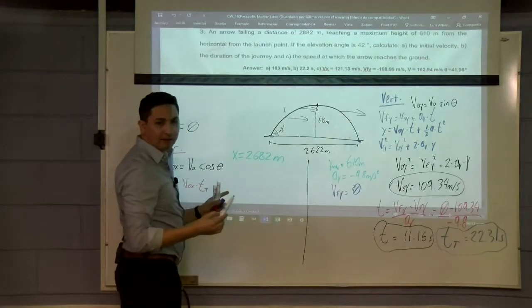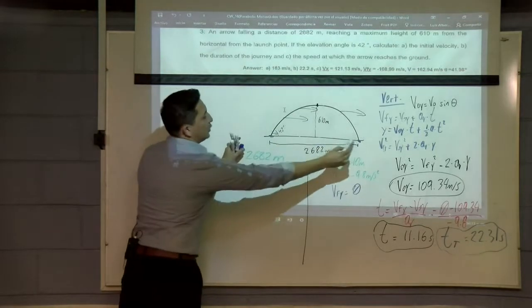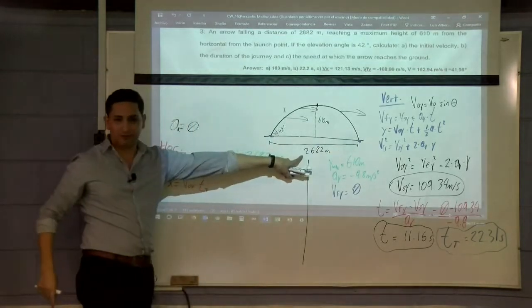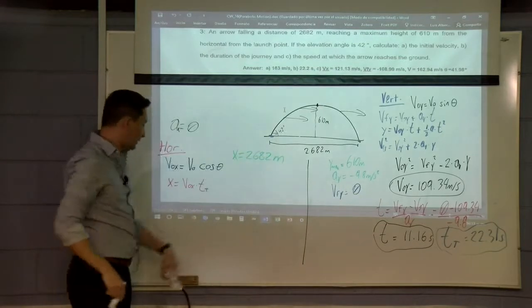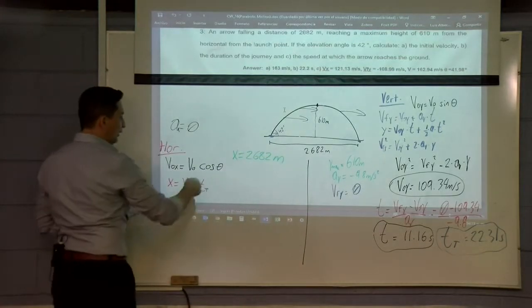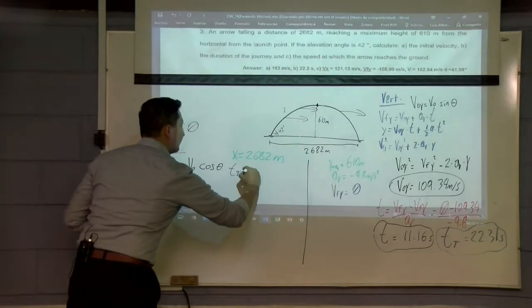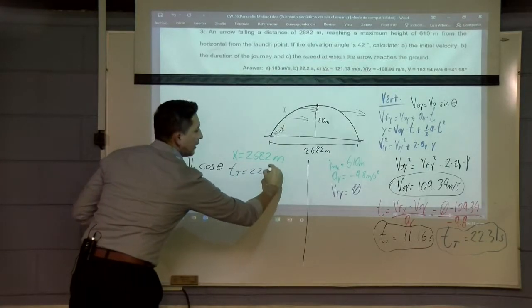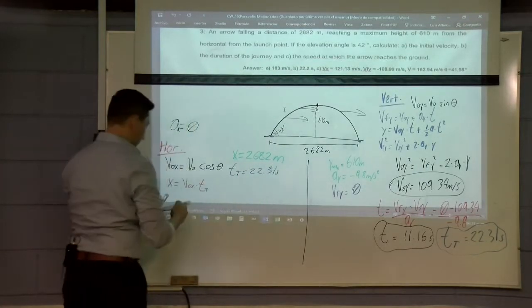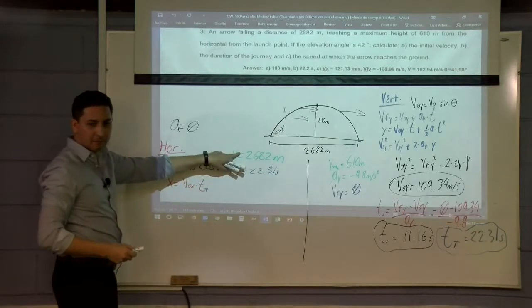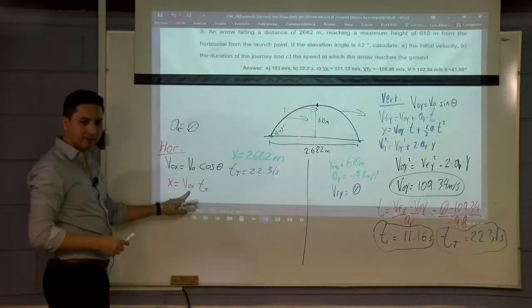And we know the value of x from here to here, that value is 2682, right? So if you know the total time, 22.31 seconds, and you know the x, can you calculate VOX?